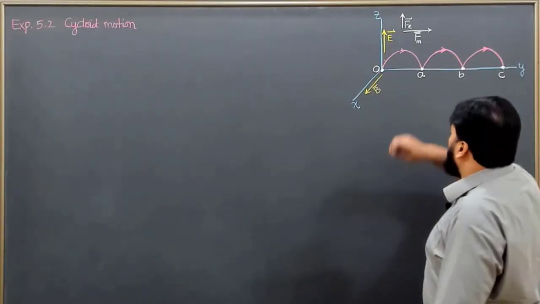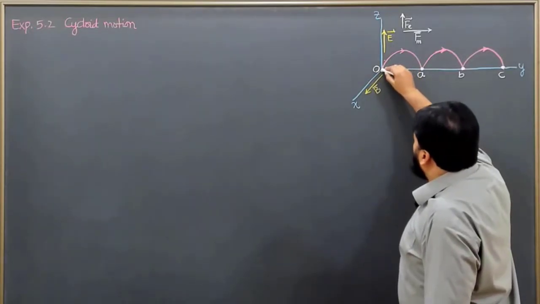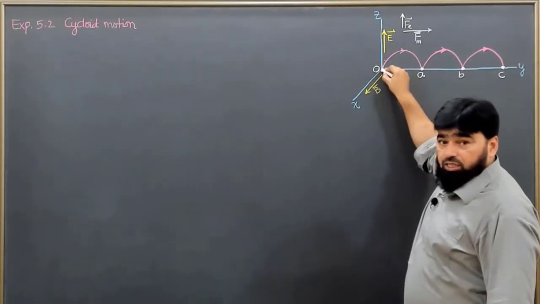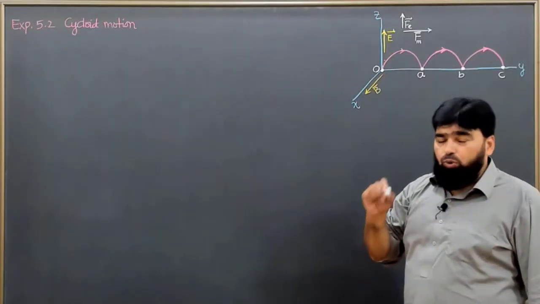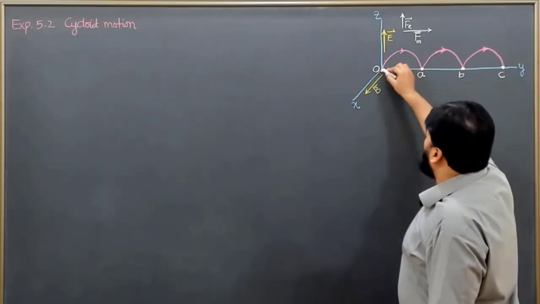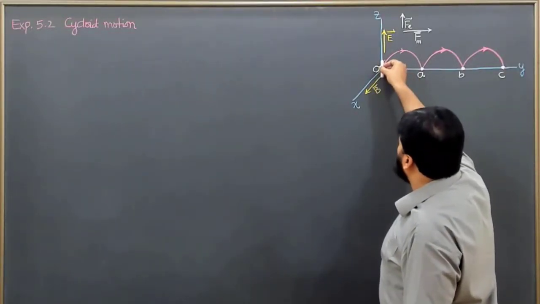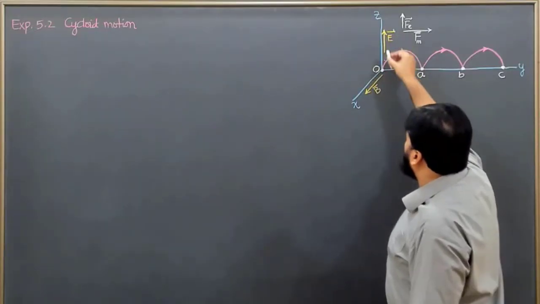Look here. The particle is here, at rest. A particle at rest has zero magnetic force, so it will have only the electric force, and the electric force will start moving it in this direction.